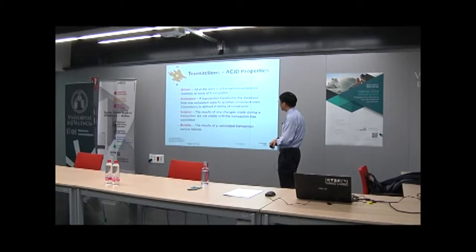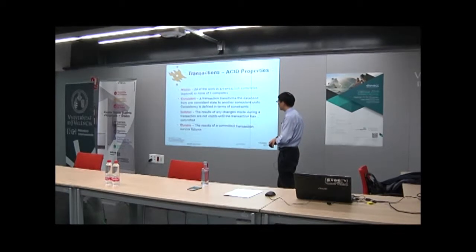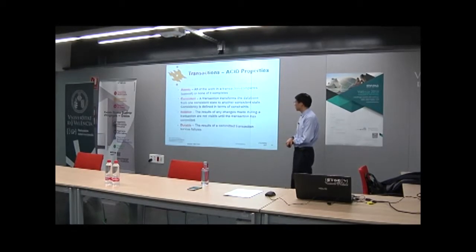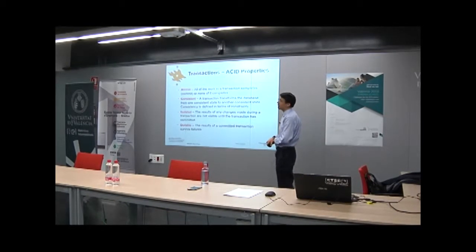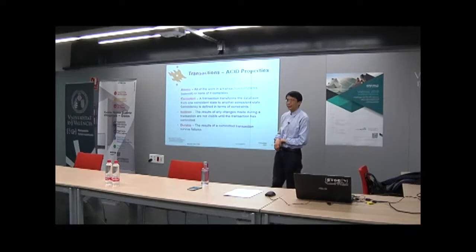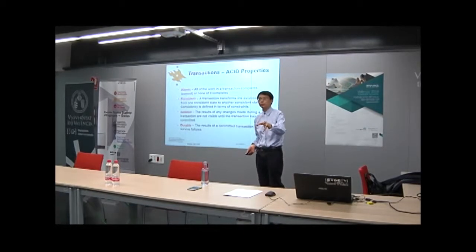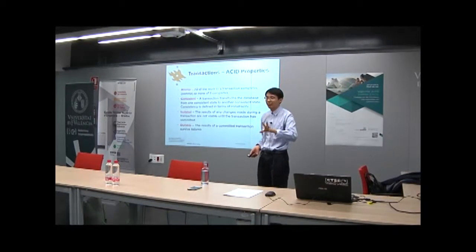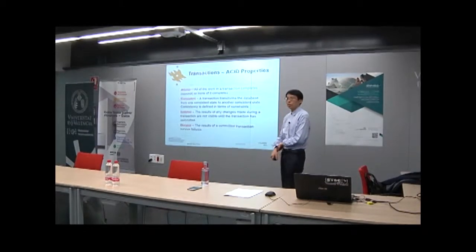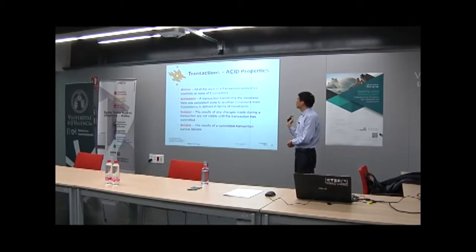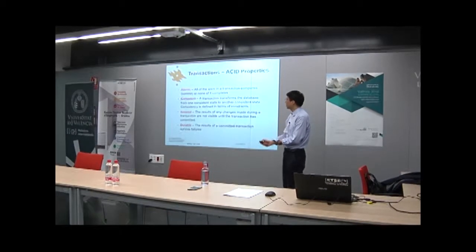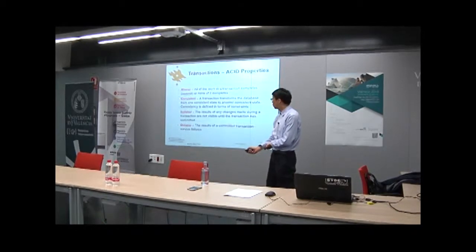Then the fourth property is durable, which means that the results of a committed transaction survive failures, meaning the results should be true forever. It's durable even with failures, meaning that the data has to be written to the hard disk. So this is the durable property. Now we have the 4 properties: A, atomic, C, consistent, I, isolated, and D, durable.